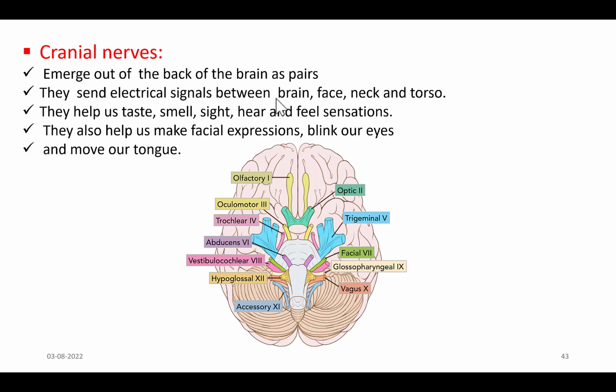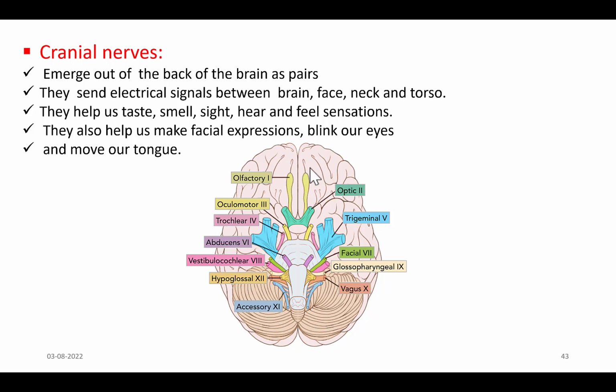For instance, if you see a tiger, that image information captured in the eye is first converted into electrical signals at retina and then sent to brain, so that brain can understand and interpret that image as a tiger. Got it? Brain can understand only electrical language.